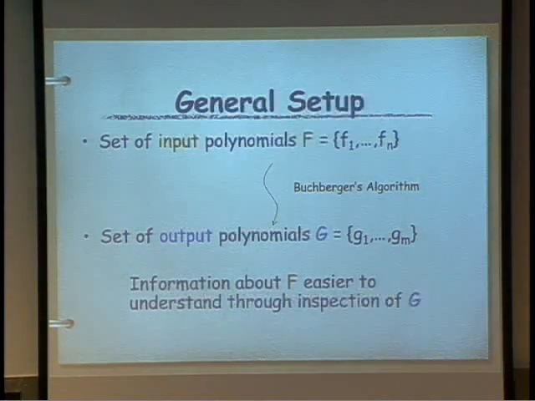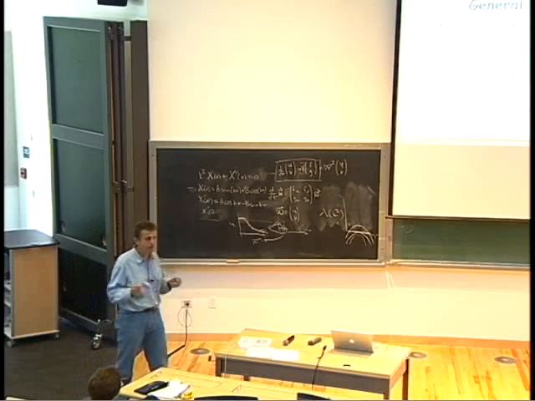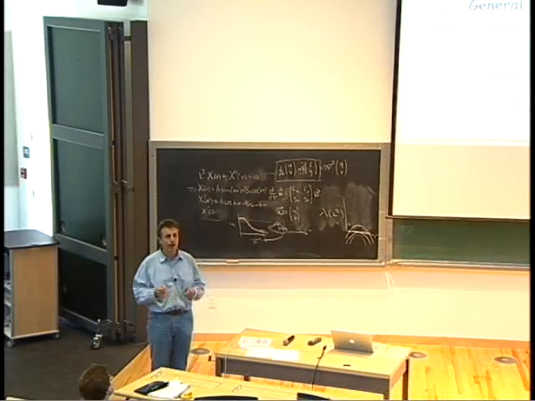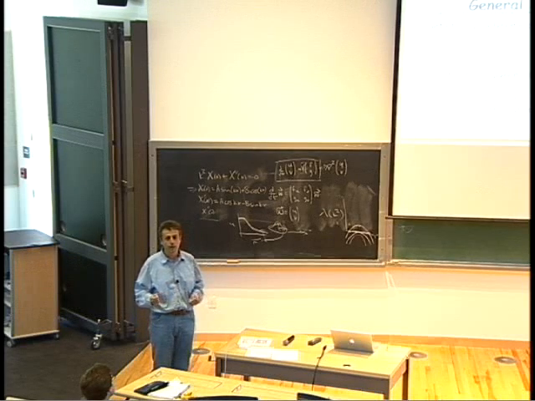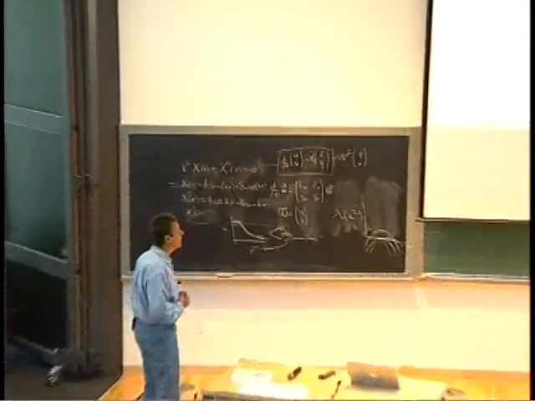We feed that to some algorithm, Buchberger's algorithm, and the output will be a set of output polynomials, blue g, g1, g2 up to gm. And the point is somehow that information about the input, brown f, should be easier to understand by inspecting the output, blue g. Okay, so we think about this as a general purpose tool. You feed a bunch of brown polynomials, lots of things happen, out comes a bunch of blue polynomials, and by looking at the blue output, you can answer questions about the brown input.